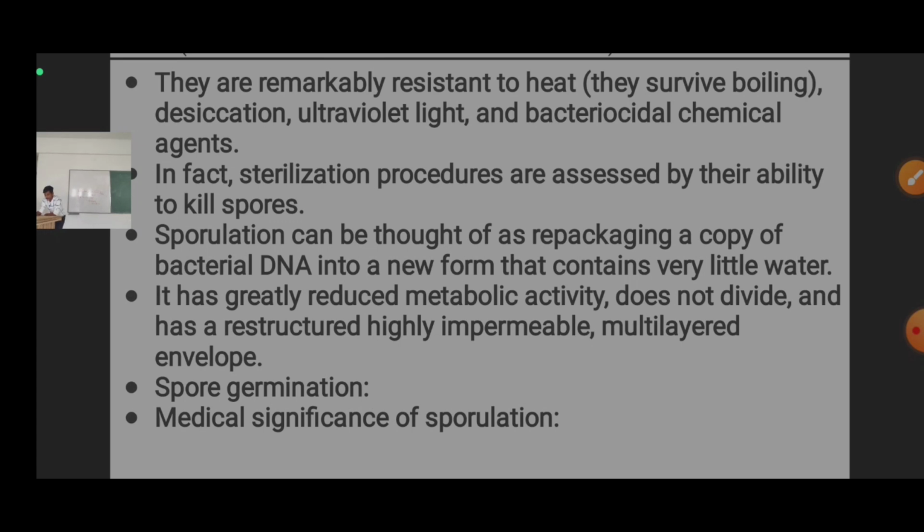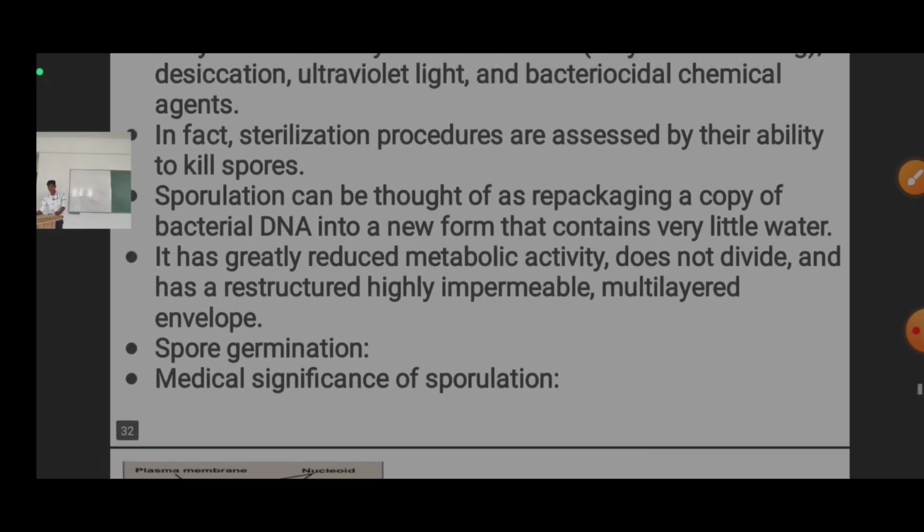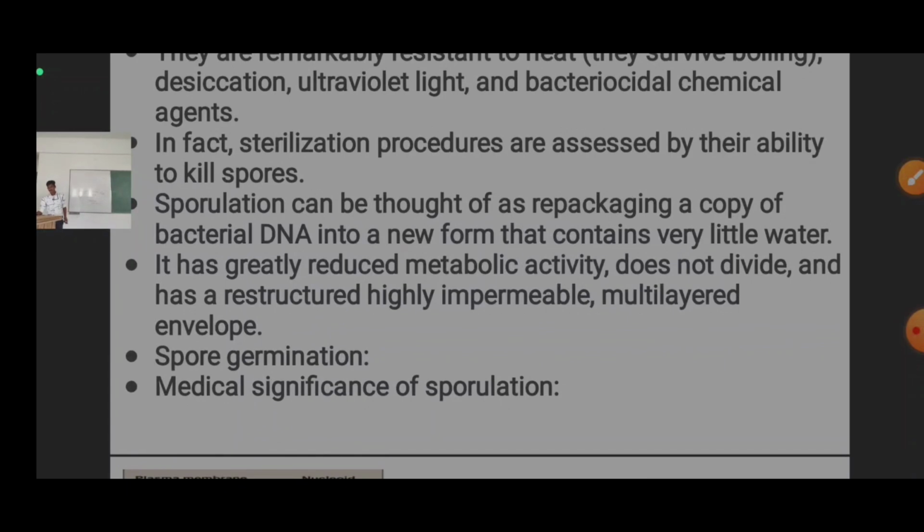Now spore germination. Spore germination is basically the conversion of a spore back when favorable conditions return, into the normal bacterial form, the bacterial progeny. Then the medical significance of sporulation.